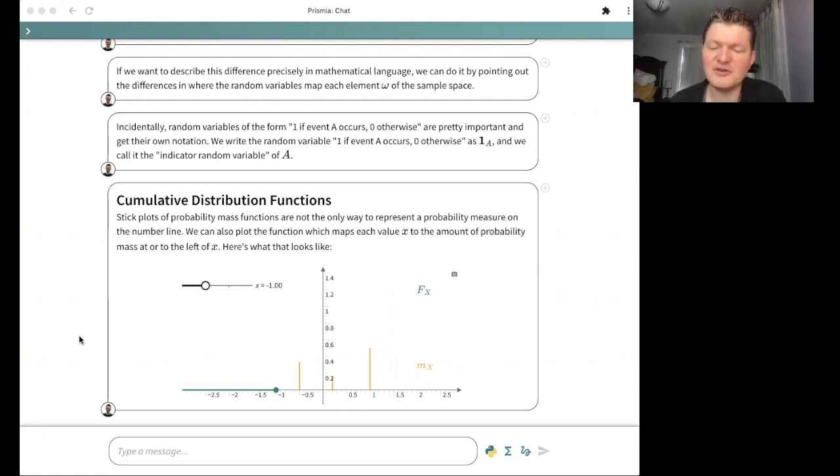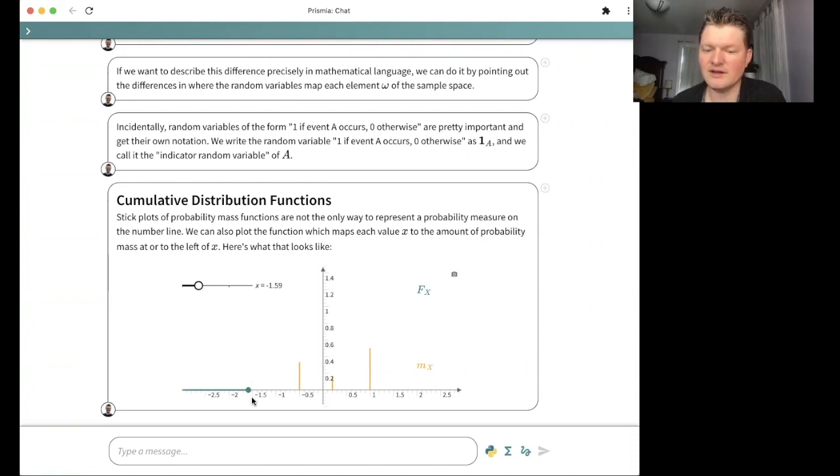And stick plots are not the best visualization for every situation. They are very helpful. They have some advantages over other visualizations in certain situations, but you want to widen your arsenal here. And this is a really good one to add to it. So we'll see some very cool things about the cumulative distribution function. But the idea is we're just going to make a graph out of these stick plot diagrams by picking up the mass as we sweep from left to right. So when we're way over to the left, there's no mass to our left.